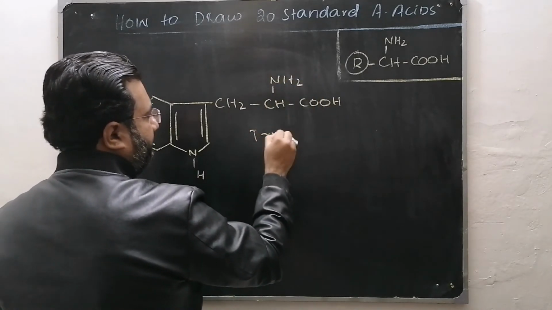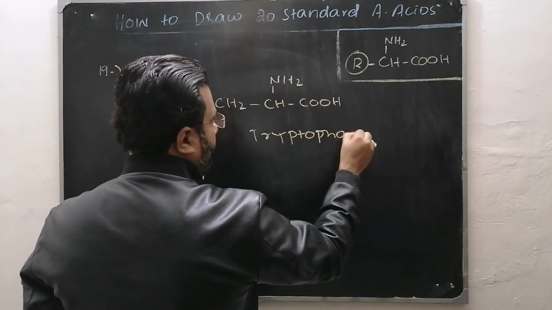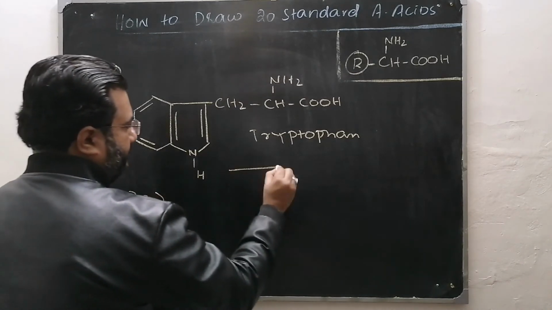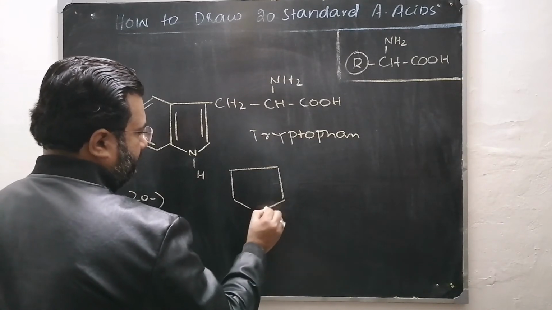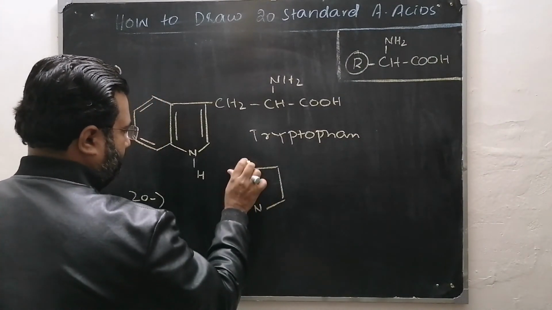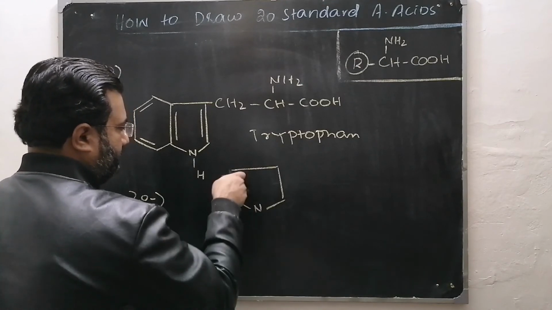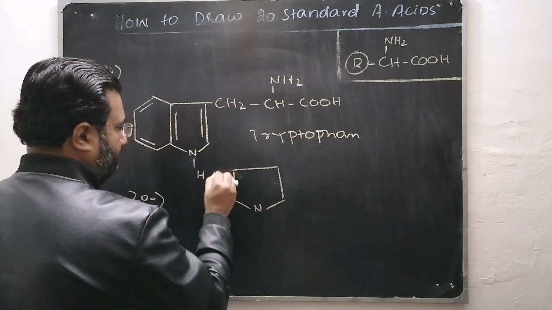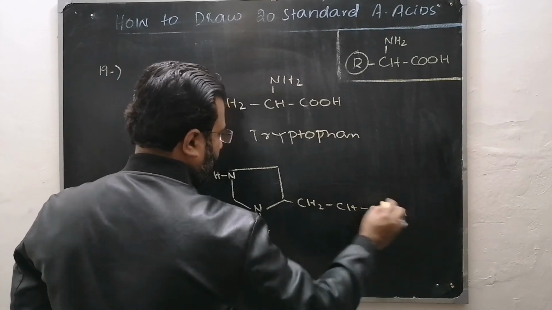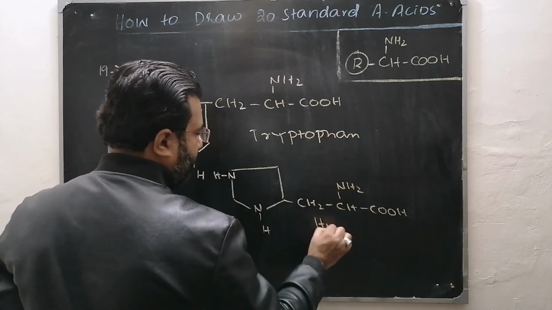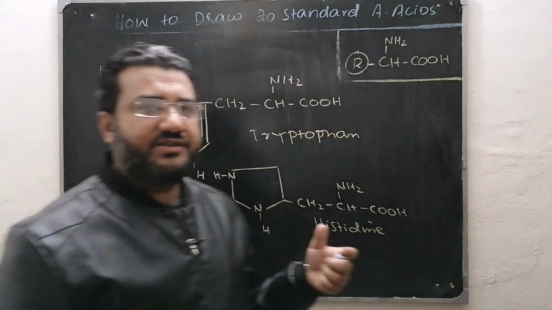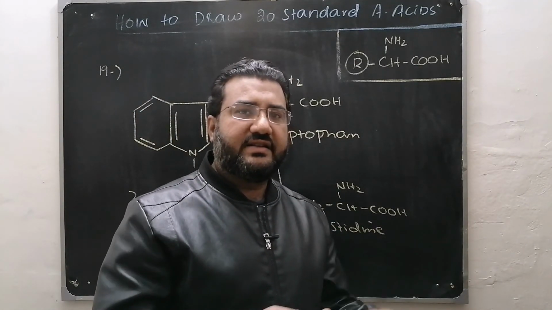This one is the structure of tryptophan. Now the 20th one, it is histidine.